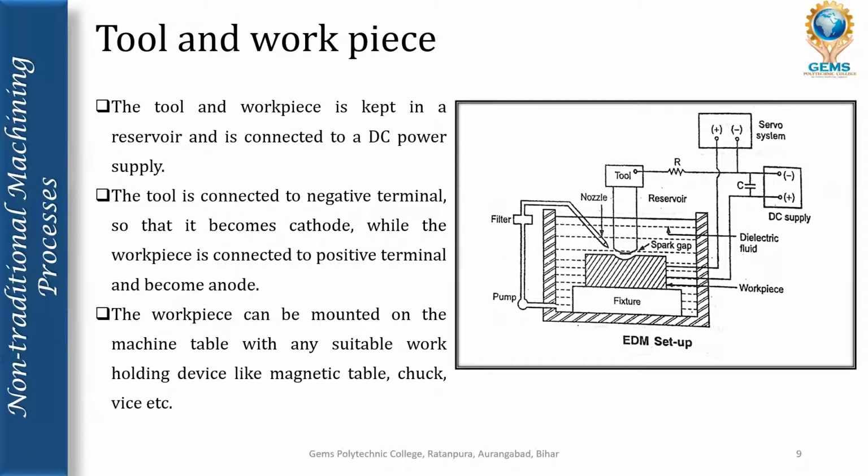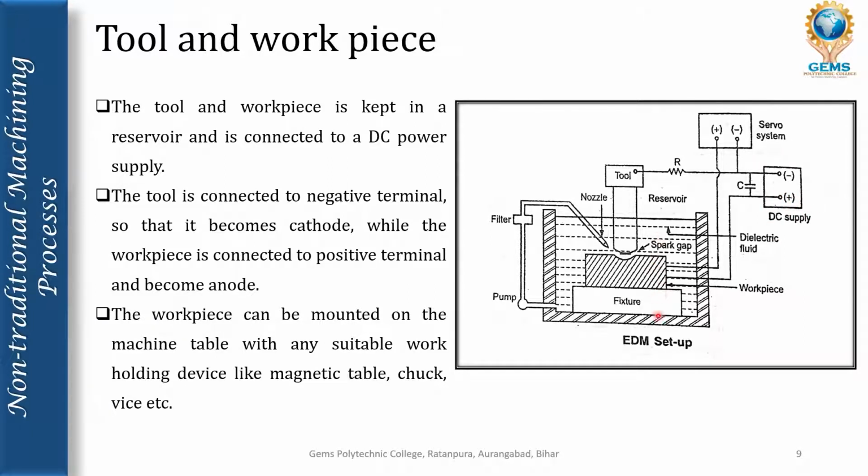Let's come to the tool and workpiece concept. The tool and workpiece are kept in a reservoir, which means a tank, and are connected to a DC power supply. The tool is connected to the negative terminal so that it becomes the cathode, while the workpiece is connected to the positive terminal and is considered the anode.